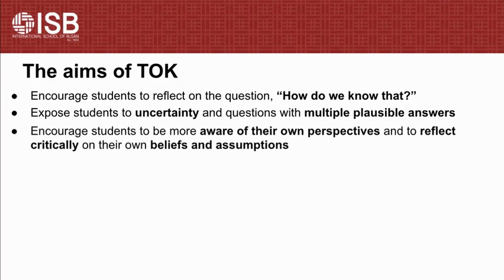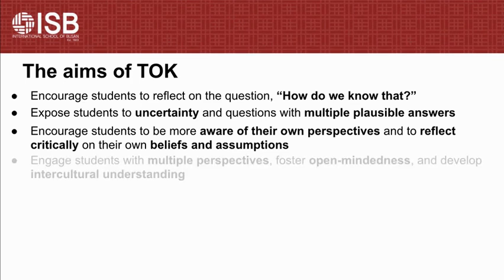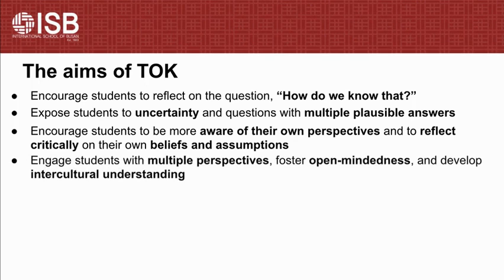Encourage students to be more aware of their own perspectives and biases, and to reflect critically on their own beliefs and assumptions. Encourage students to engage with multiple perspectives, foster open-mindedness, and develop intercultural understanding.